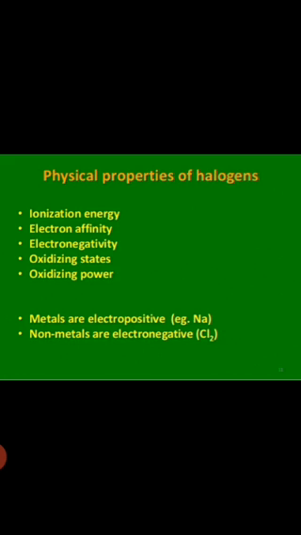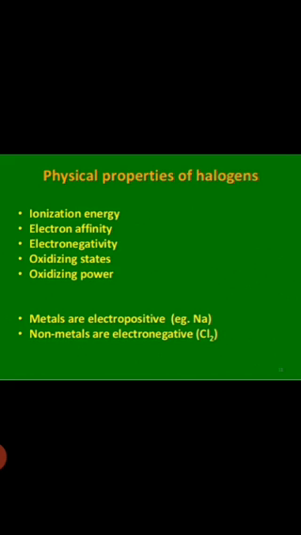Now, next is the electron gain enthalpy. All these have maximum negative electron gain enthalpy. Why? Because they have strong tendency to accept one electron to gain the stable noble gas configuration, that is ns2np6.